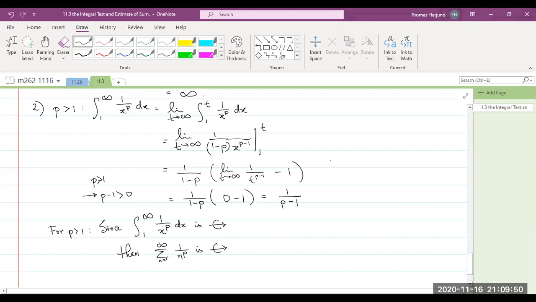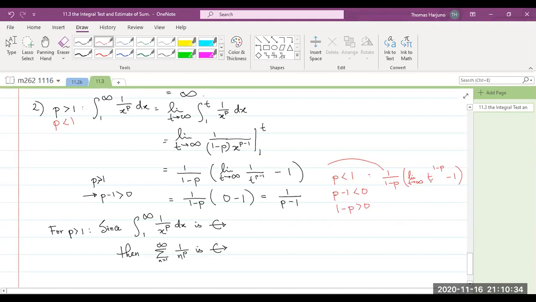Actually, for the same reasoning, what happens when p is less than 1? Then p minus 1 is negative, right? Then we will get 1 over 1 minus p times the limit as t goes to infinity of t to the power of 1 minus p. See, if p minus 1 is negative, then 1 minus p is positive.